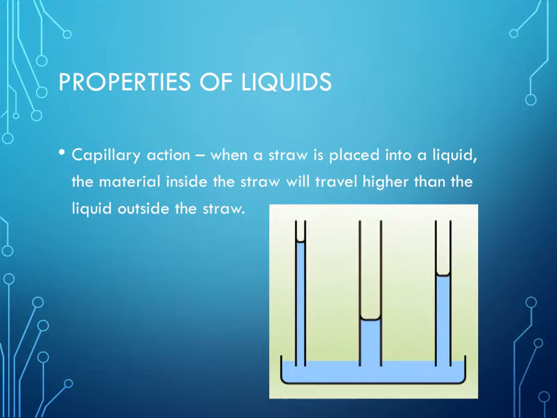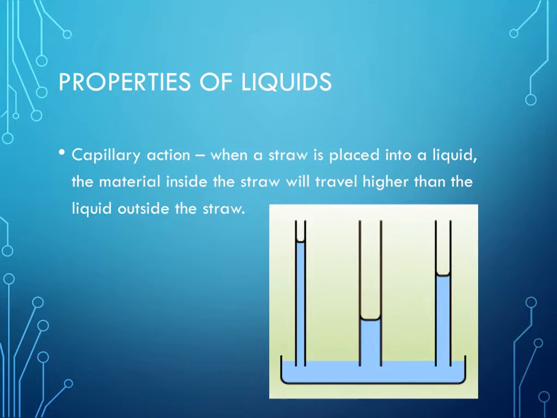The last property that we're going to look at is capillary action, and you would have experienced capillary action a lot more in biology. Plants use capillary action in order to pull liquids up into the stem of the plant. And so capillary action is when you put a narrow tube into a liquid, it'll draw itself up higher inside the straw than outside.